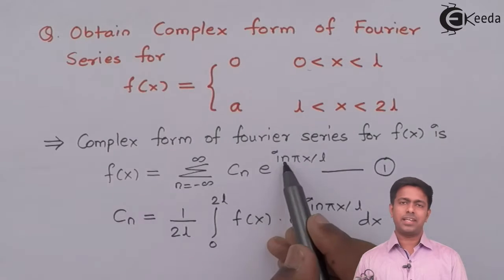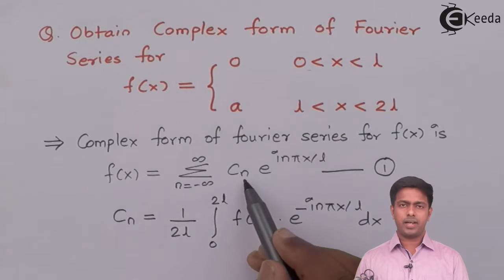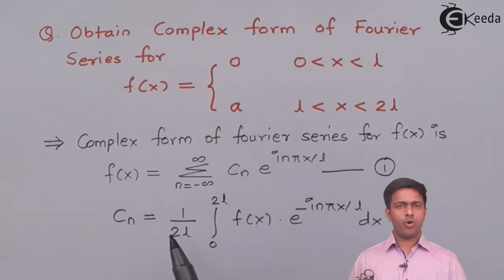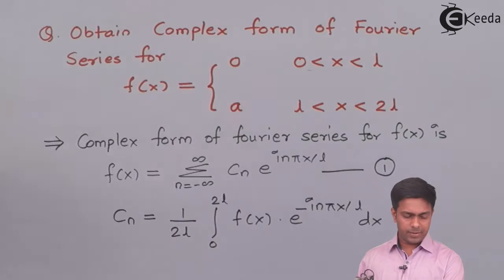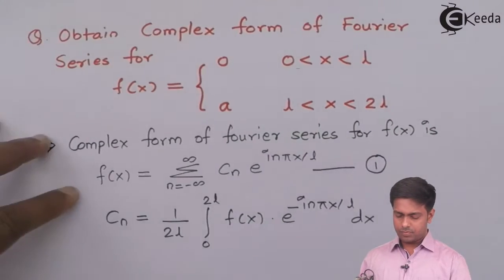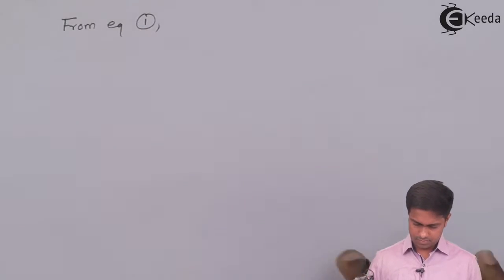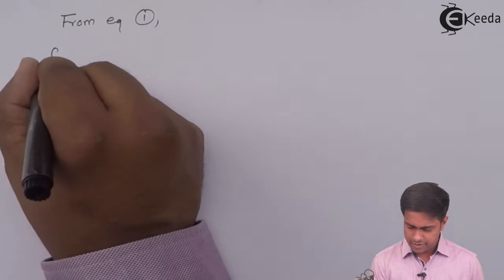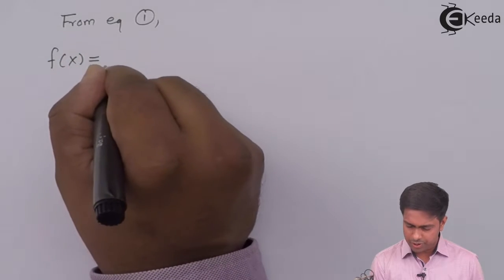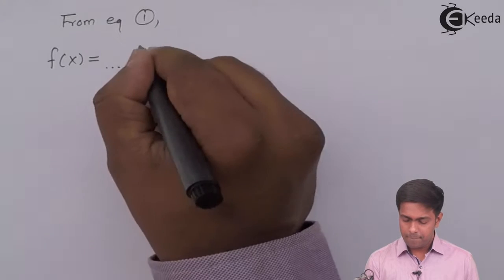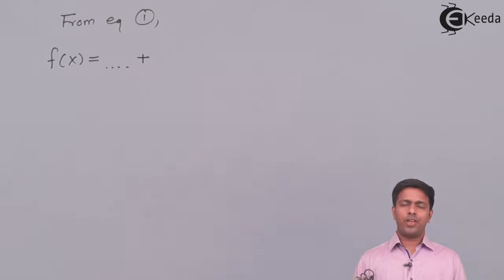So guys, n is minus 3. So this will become negative 3, this will become negative 3. So the value of C of minus 3, we already got it. I'll put that value over there. So here I'll say that f of x is equal to, I'll first put dots because we are coming from the negative infinity side, then plus, now we are putting n equal to minus 3.